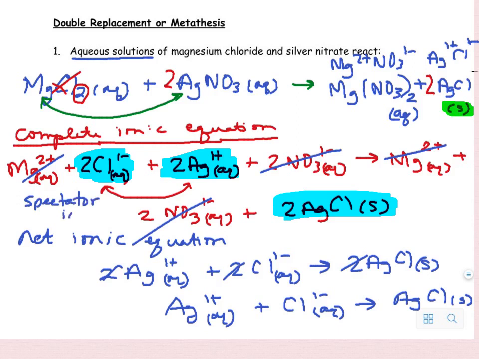They don't do anything. And the spectator ions in this question were the nitrates and the magnesiums. The important ions were the silvers and the chlorides. Spectators were the nitrates and the magnesiums. Useless.